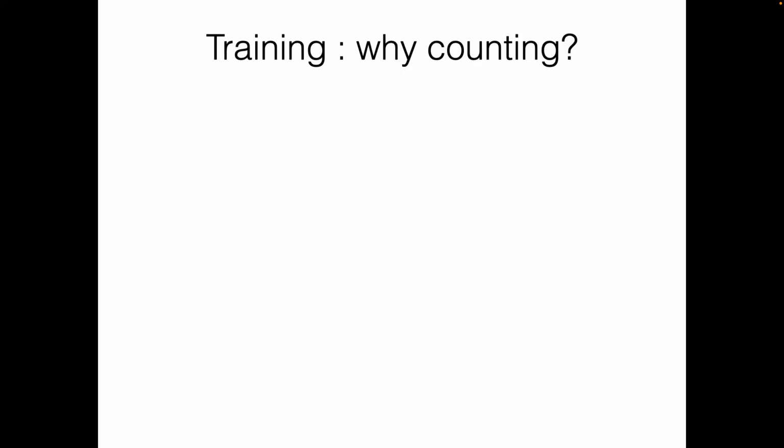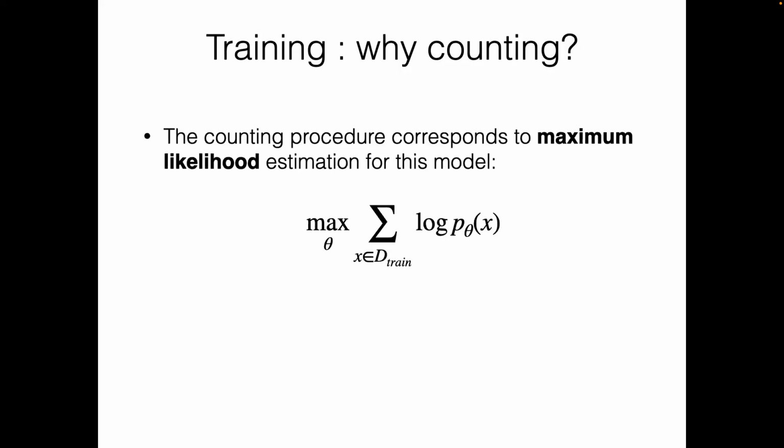The connection is as follows. I won't go through the proof of this statement, but basically doing this counting procedure corresponds to what is called the maximum likelihood estimate for the parameters of the model, or it corresponds to performing what's called maximum likelihood estimation.